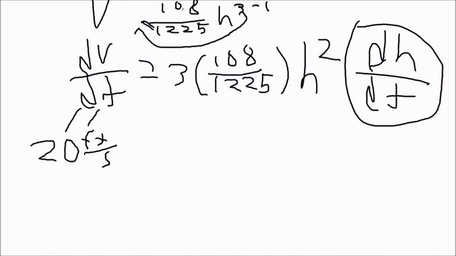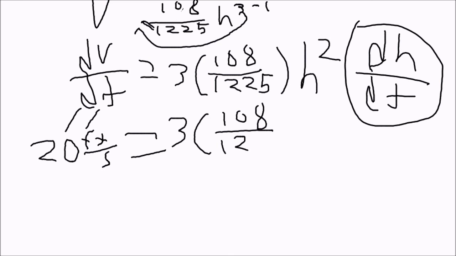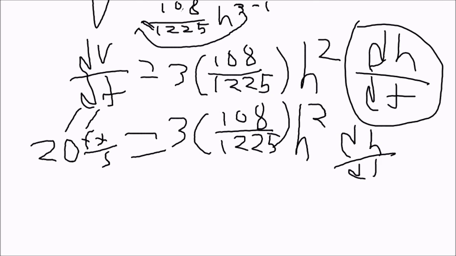This is equal, so it's just 20 equals 3 times 108 over 1,225 times h squared times dh over dt.